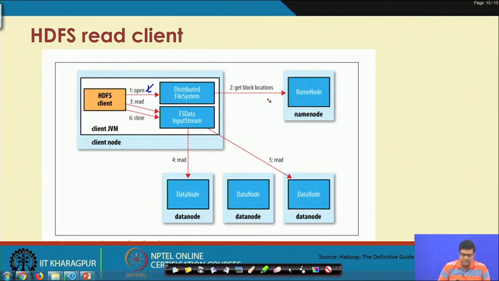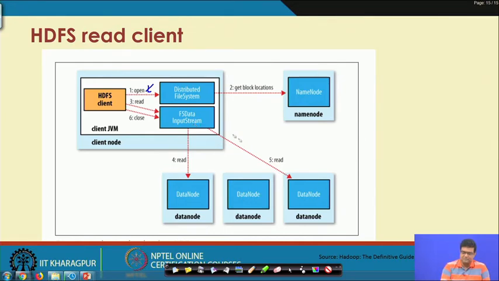This block location is now transferred to this HDFS client, which creates this FS input data stream object, where all these block locations are stored, and this object now initiates the reads from these blocks.